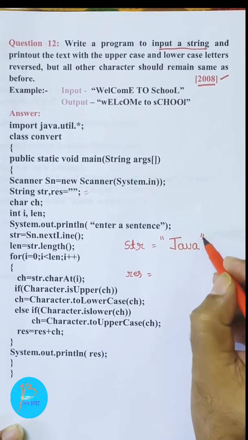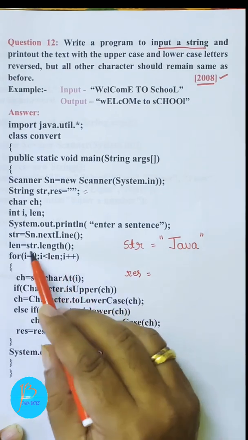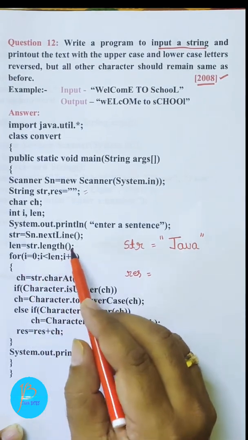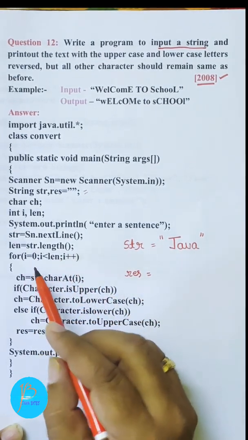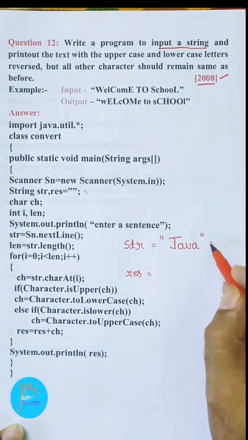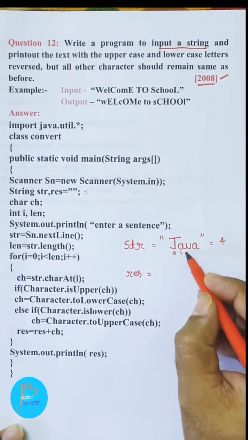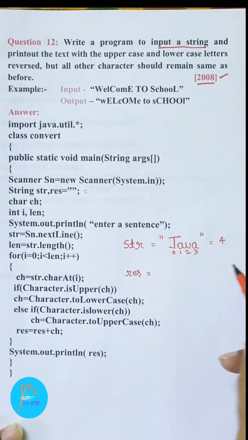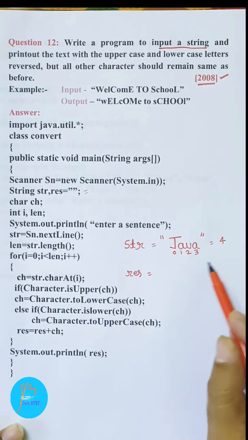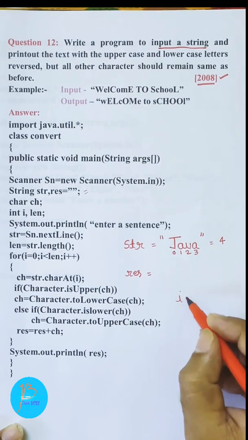I inputted a single word here, and after that we move to the next line, len equal to str dot length, and then I am executing a loop from 0 to less than len. You know that the length of Java is 4, and all these characters are stored at index 0, 1, 2, 3. So the first time, the value of i will be 0.